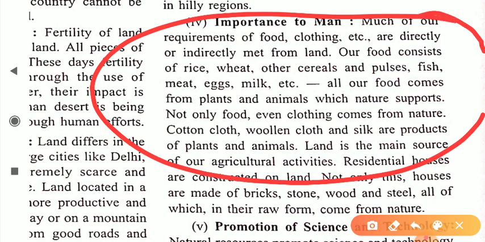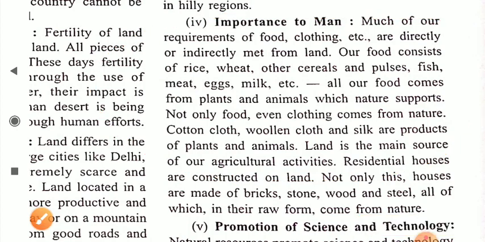Our food consists of rice, wheat, other cereals, pulses, fish, egg, meat, milk, etc. All our food comes from plants and animals, which nature supports. Not only food, even clothes come from nature. Cotton cloth, woolen clothes, silk are the byproducts of plants and animals. So land is the main source of our agricultural activity.